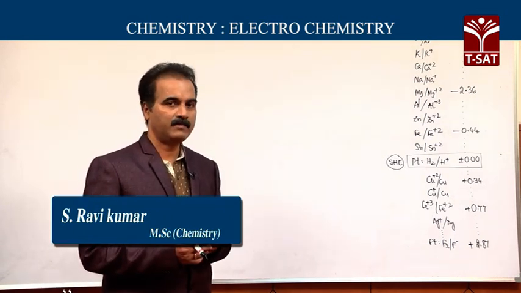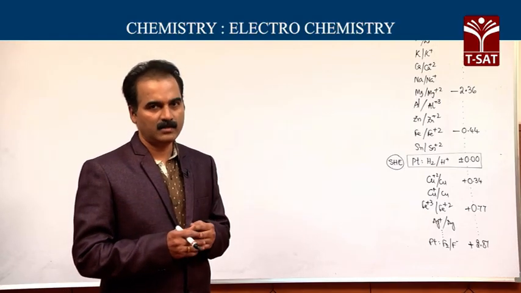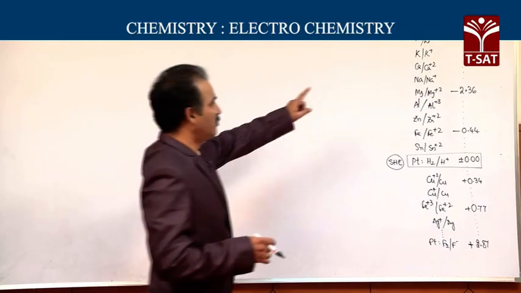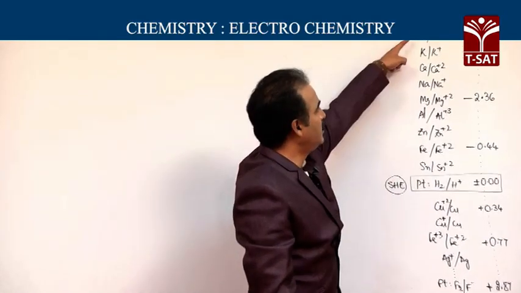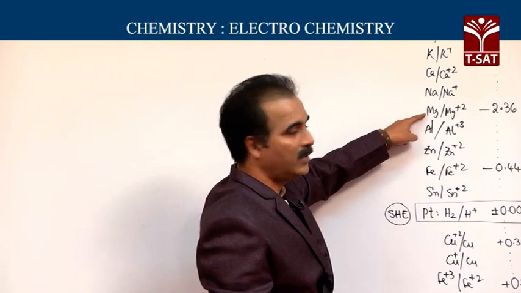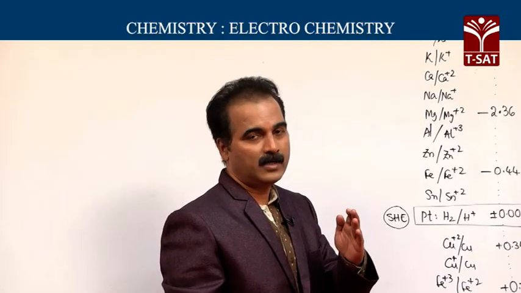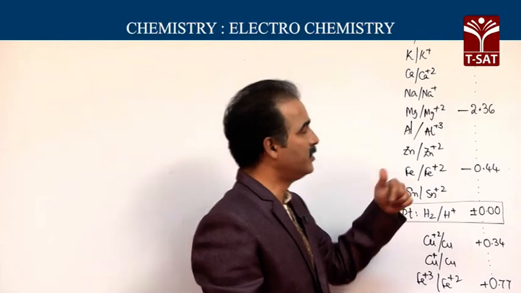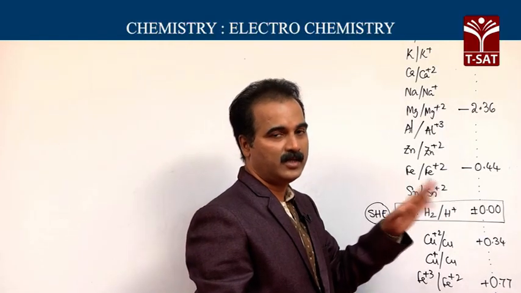Some electrodes will have negative oxidation potentials or positive reduction potentials, vice versa. So, if you list them out, this is called the electrochemical series, meaning each and every electrode is connected to SHE one by one, and it is seen that if the electrode undergoes oxidation, its oxidation potential is assigned positive, meaning its reduction potential is negative.